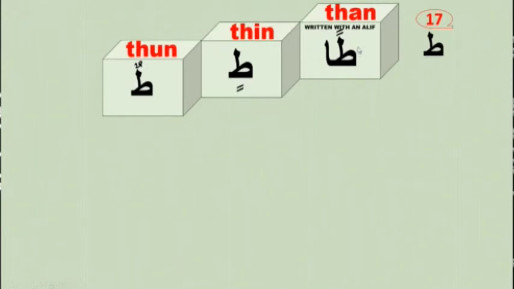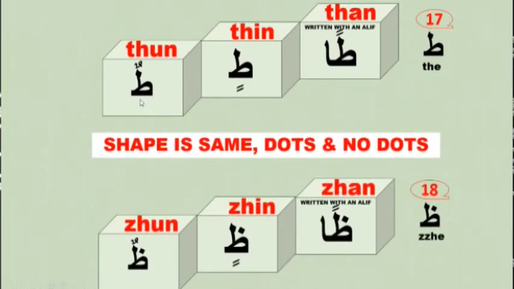When we put fathatain, it becomes tan, tin, tun. Letter number 18, the letter Za or Zoi. Dhan, dhin, dhun. So fathatain, dhan, kasratain, dhin, and dhammatain is dhun.